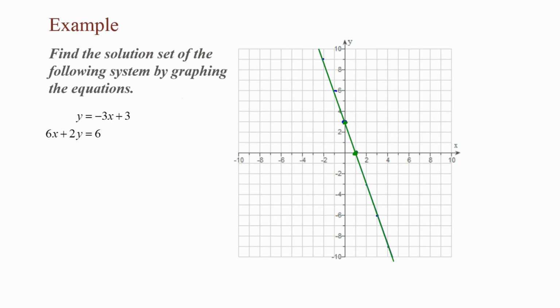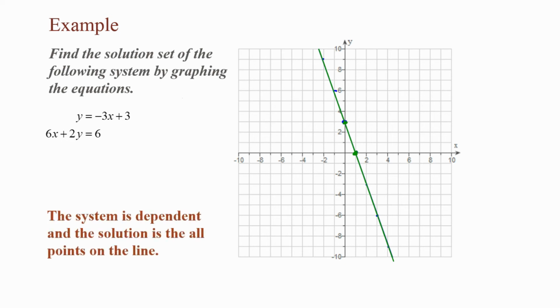So that means the system is dependent and the solution is all the points on the line. I can write my solution as all points on the line or just write same line.